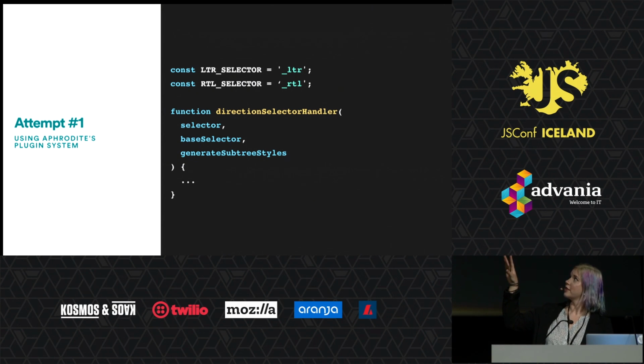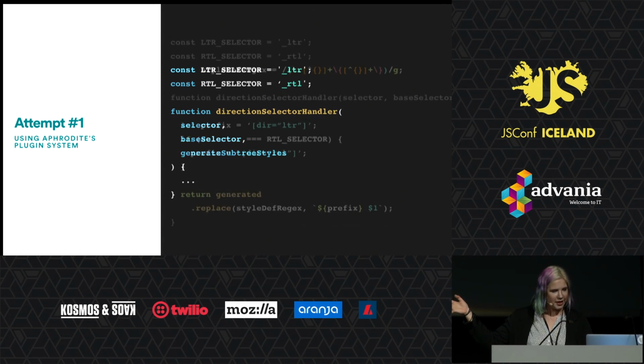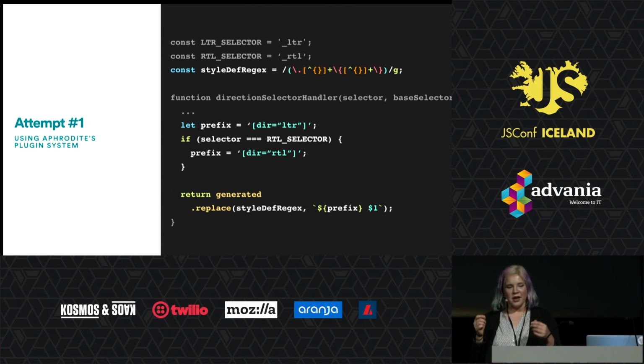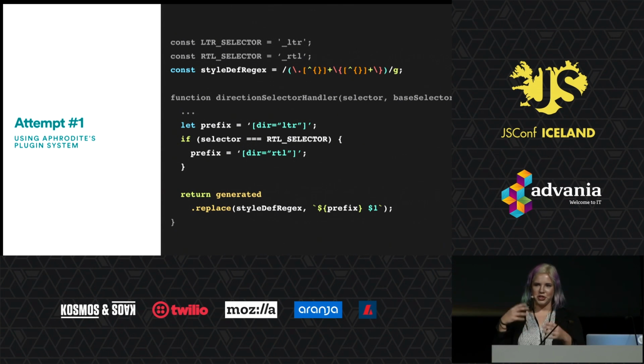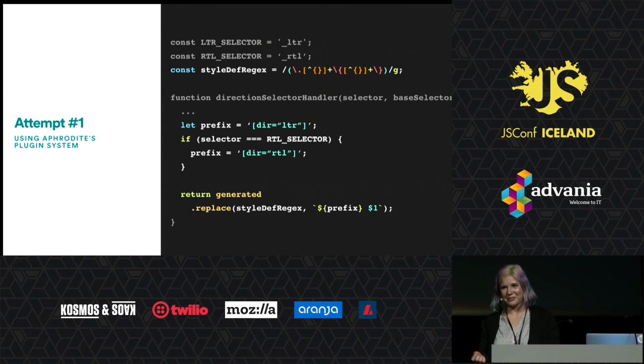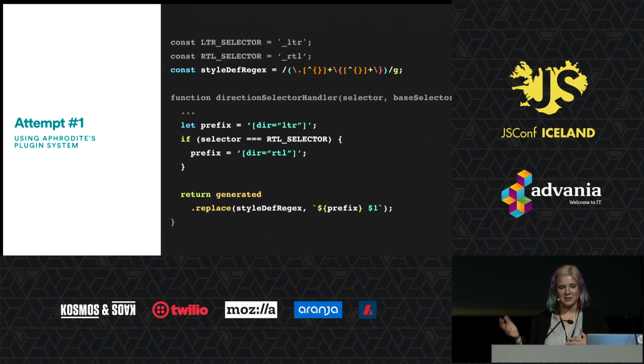You notice we added these 2 new keys that we would be looking at. And the most important part of this is that we would search our generated CSS for anything that looked like a class name. Aphrodite, unfortunately, doesn't give us a nice object to work with. It just gives us a string. But we do use regex to find those.